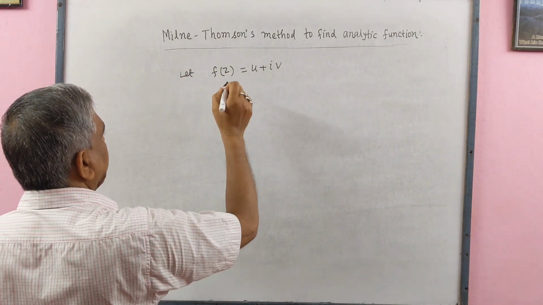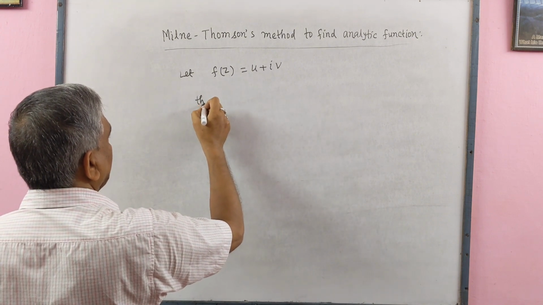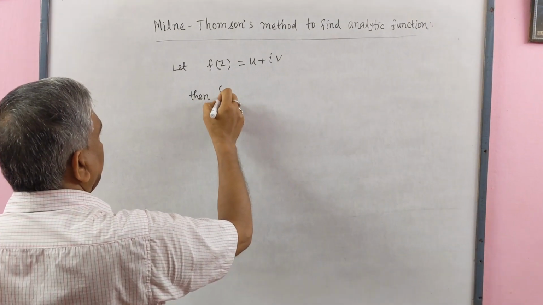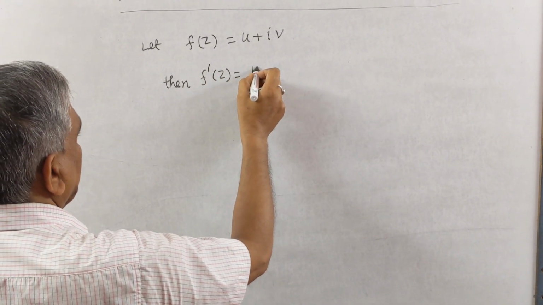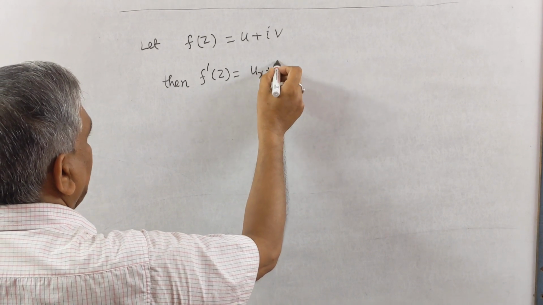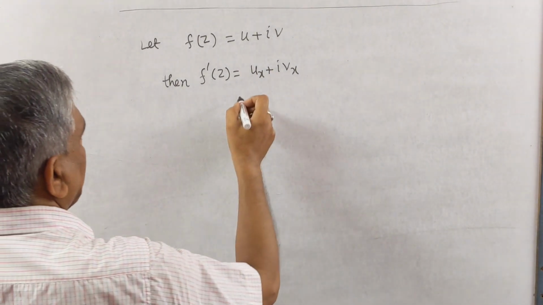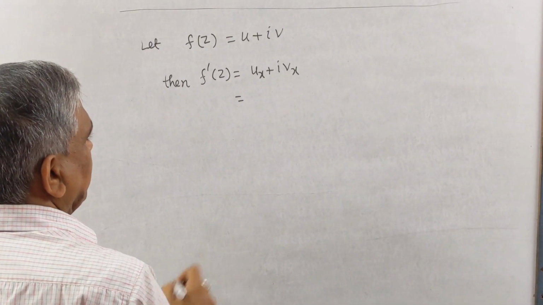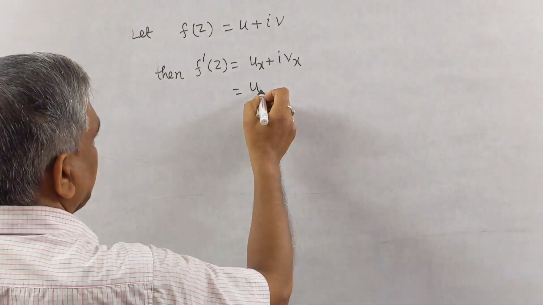We know that if f(z) is analytic, then f dash z equals ux plus ivx. We know that ux equals vy and uy equals minus vx.